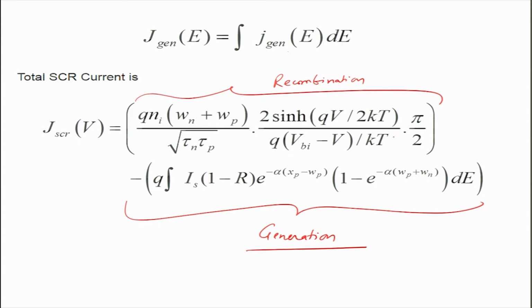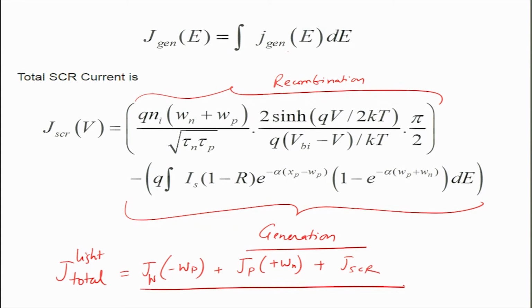You have a term which is bias dependent, and a term which is illumination dependent, but these are finite terms, they are not zero unlike it was in the dark. So the J total of a p-n junction device in light that we have calculated is minus Jn at minus Wp plus Jp at plus Wn plus J_SCR. This is the total current that you will get out of a p-n junction solar cell device in light condition.